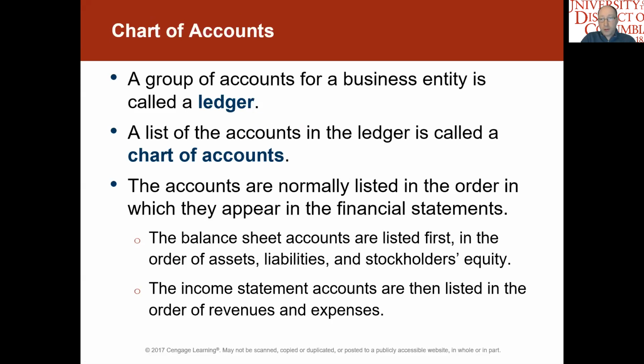The accounts are normally listed in order in which they appear on the financial statements. The balance sheet accounts are listed first in the order of assets, liabilities, and equity, just as it appears on the balance sheet. The income statement accounts are then listed in order of revenues and expenses, just as it is on the income statement.